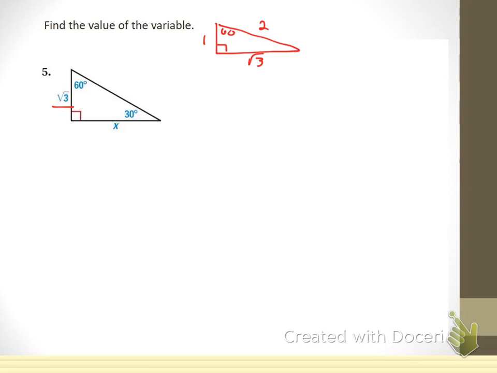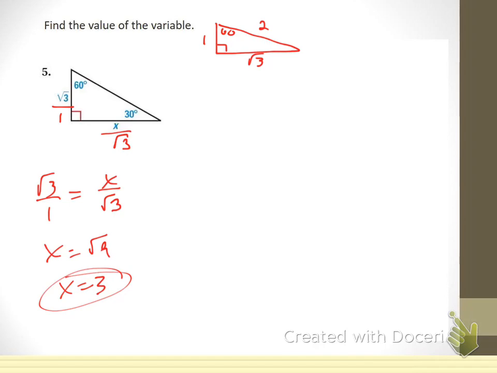So this is the short side, this is going to be 1. This is the long leg, it's going to be radical 3. So we can take the square root of 3 over 1 and set it equal to x over the square root of 3. Cross multiply and get x equals the square root of 9. The square root of 9, of course, is 3. Okay, so there you go.